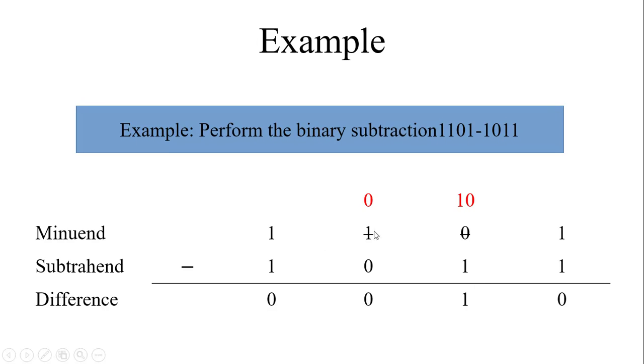We will bring a borrow from this 1 over here, so it will become 10, and we will leave 0 here. So 10 minus 1 is equal to 1. This is the 4th rule of subtraction. 0 minus 0 is 0, and 1 minus 1 is 0. So this is the difference of these two numbers in binary: 0010.